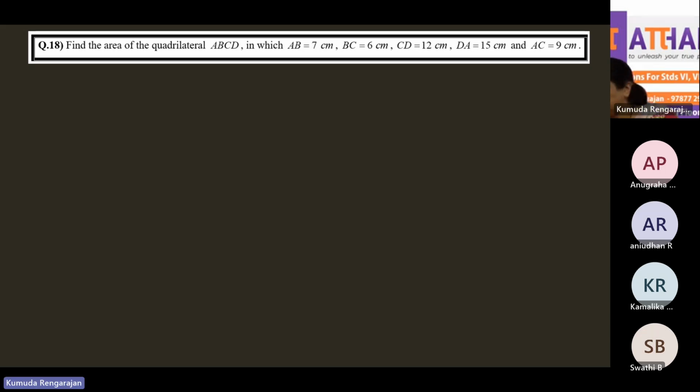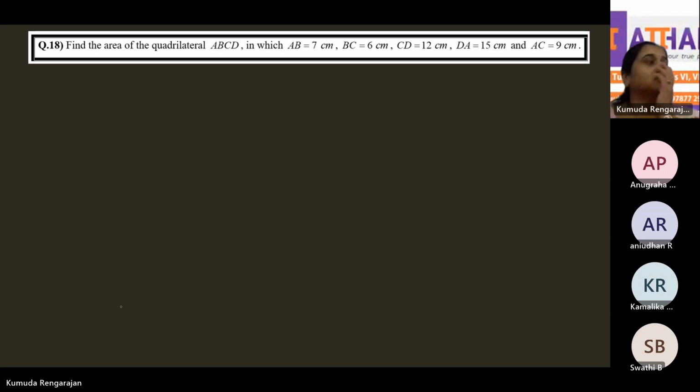Very good. Units, meter square. Very good.